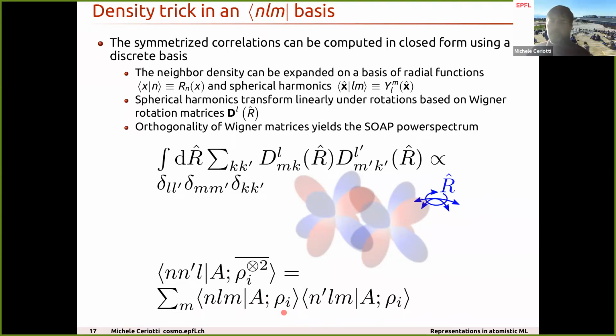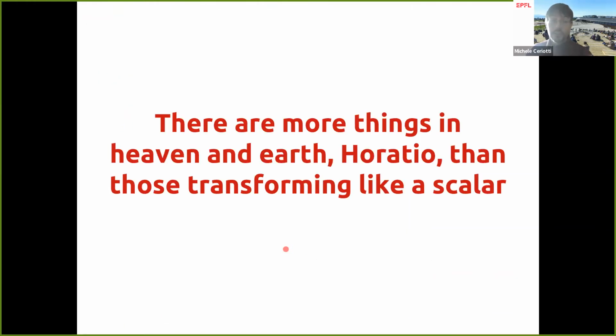So using spherical harmonics is not only useful to get a closed form for the rotationally symmetrized features to regress scalar functions, but it's also very useful, even more useful, I would say, if you are interested in learning properties that are not scalar, but have a tensorial or vectorial nature.